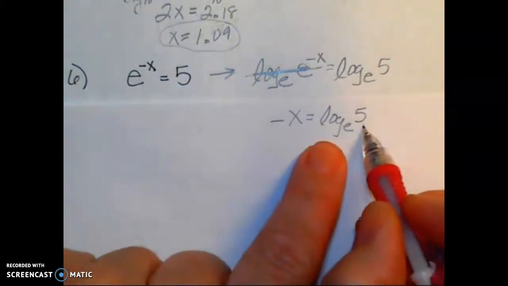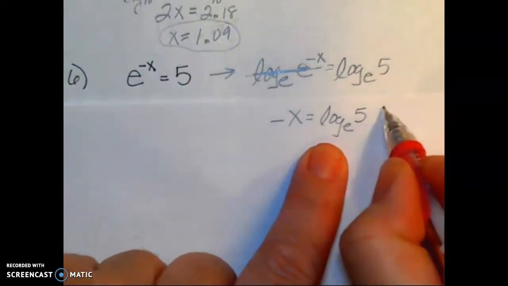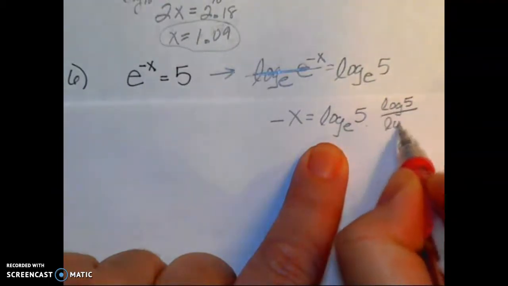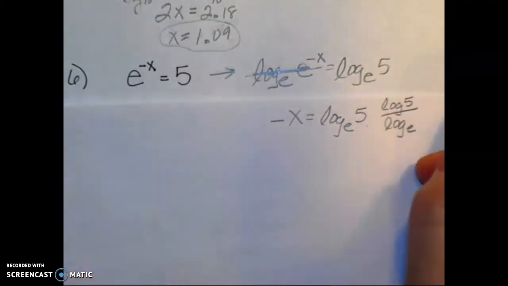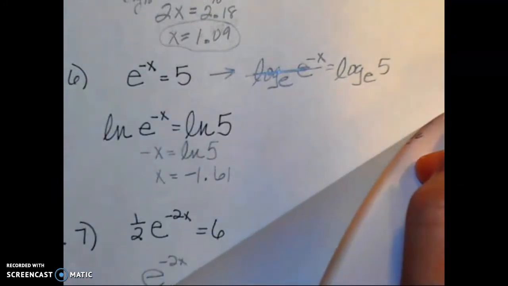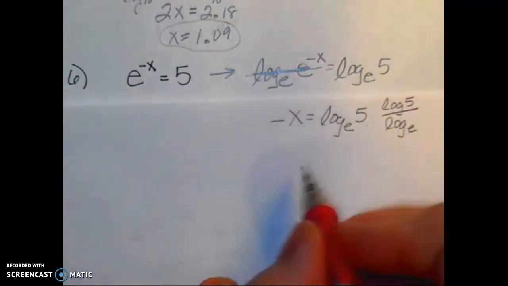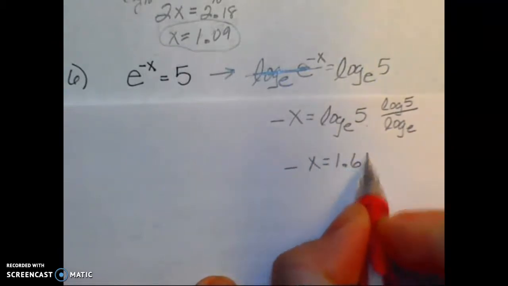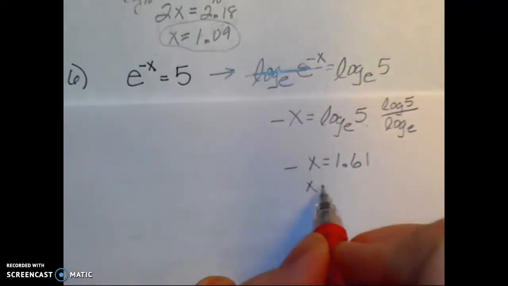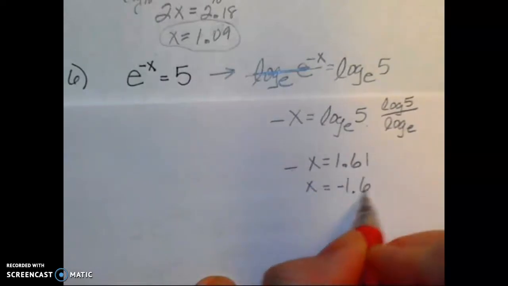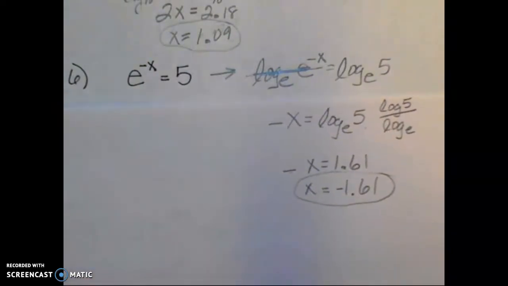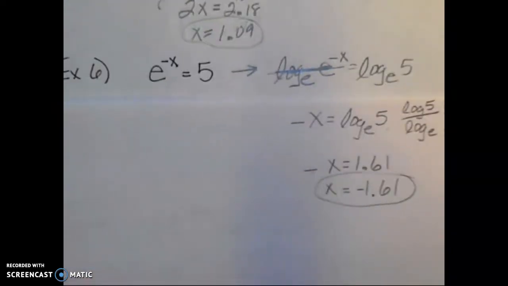You put this into a calculator as log 5 divided by log e. When you do that mathy part, you get 1.61. And then you divide by the negative right here, and you get negative 1.61. Oh my gosh. So much fun.